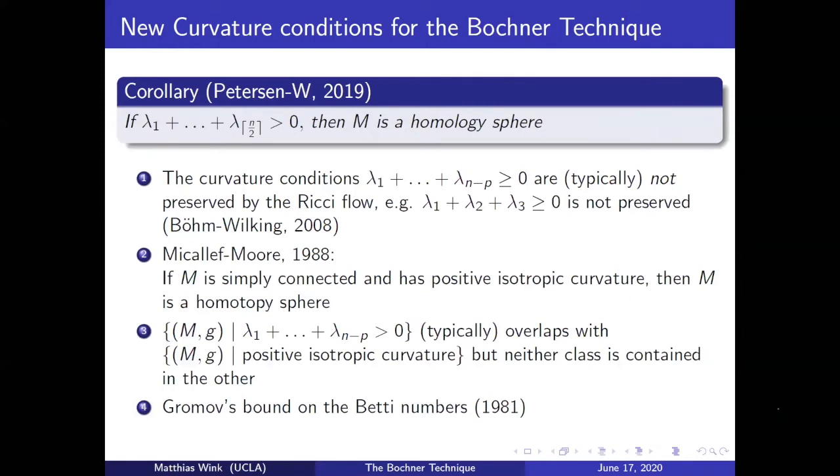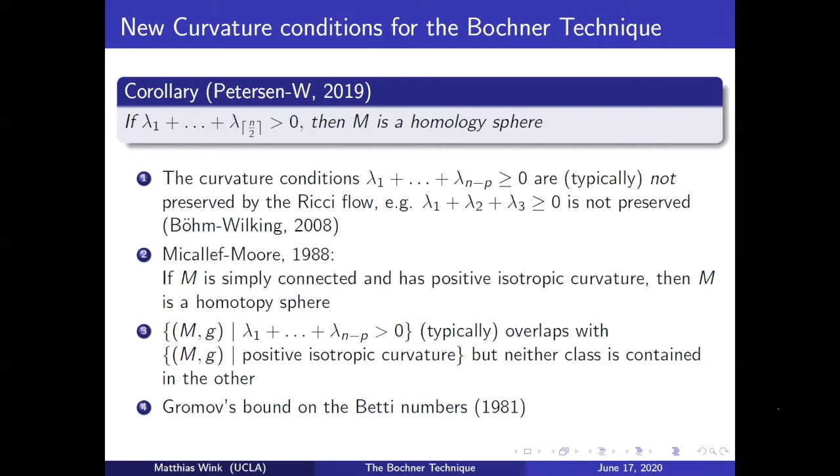So if we sum up lambda 1 up to lambda n/2, take the ceiling function of this, if this number is positive, then actually we can show that we're sitting on a homology sphere. Okay, and again, for Ricci flow results, we needed lambda 1 plus lambda 2. And we can get a condition which grows linearly in the dimension.